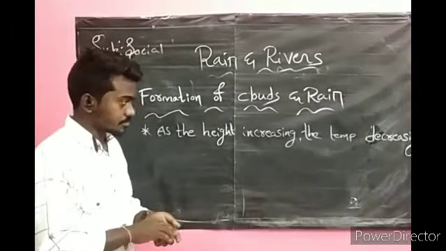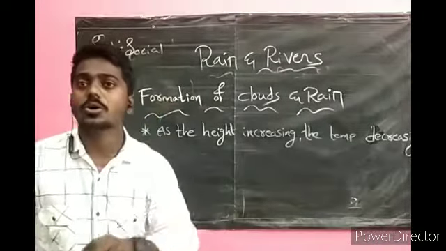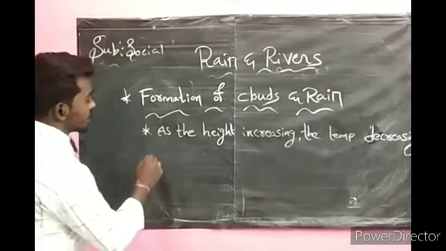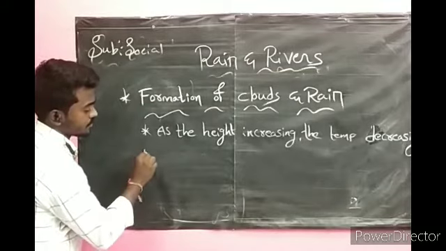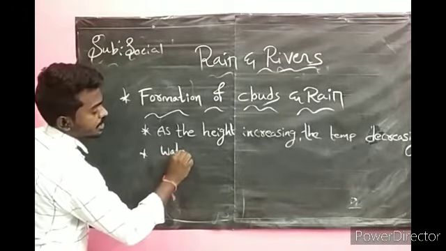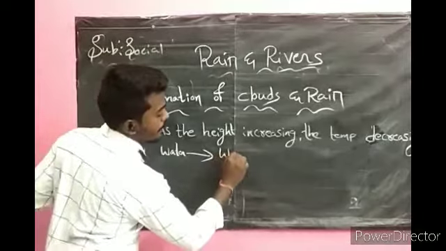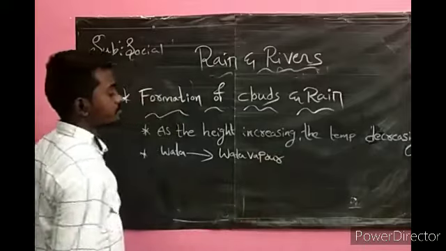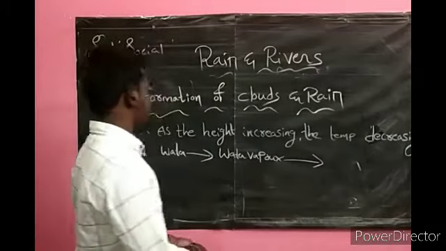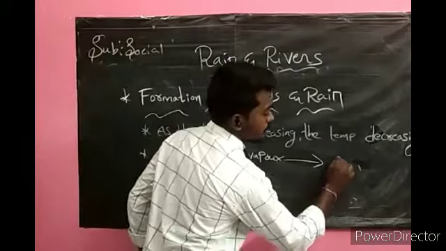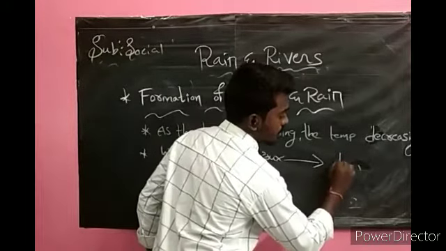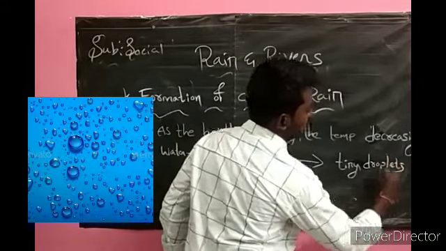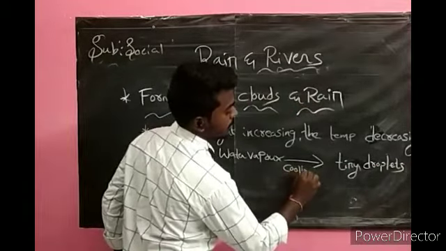Next, again, when the water vapor is cold, again water vapor turns into tiny droplets. First of all, water changed into water vapor. Again, water vapor changes into tiny droplets by cooling.